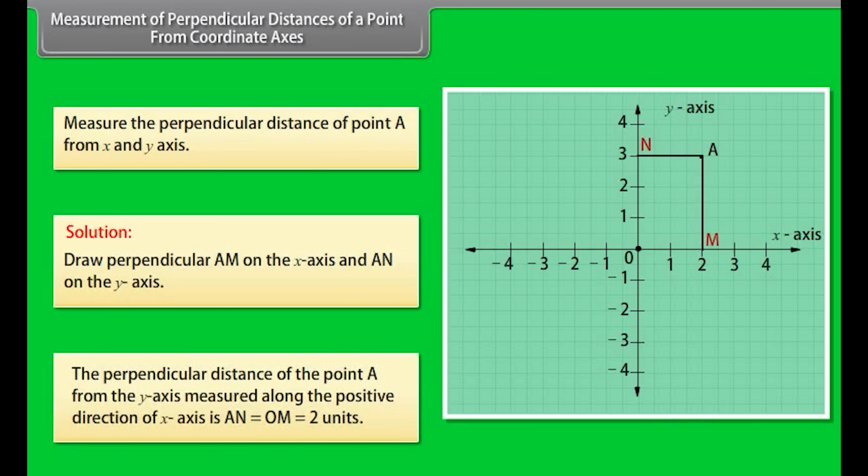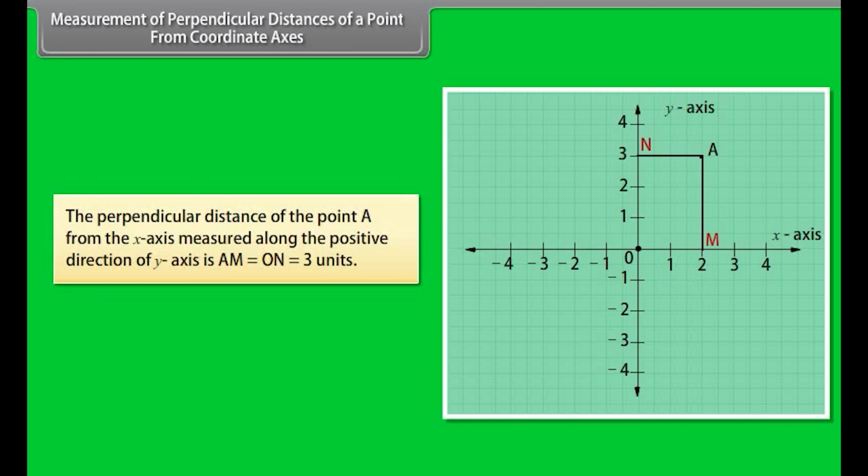We can see that the perpendicular distance of the point A from the y-axis measured along the positive direction of the x-axis is AN equals OM, which is equal to 2 units. And the perpendicular distance of the point A from the x-axis measured along the positive direction of the y-axis is AM equals ON equals 3 units.